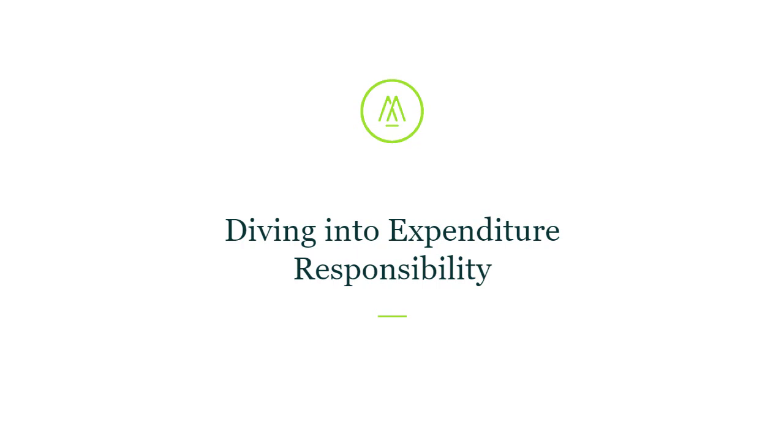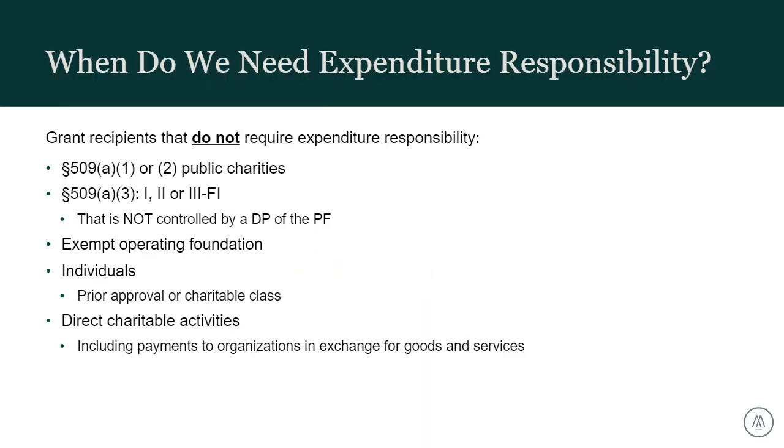So diving into expenditure responsibility, the next slide will address when we need expenditure responsibility. Pam already talked about this a little bit more. And grant recipients that do not require expenditure responsibility are public charities, generally supporting organizations, the 501(c)(3)s, of course, with some exceptions.